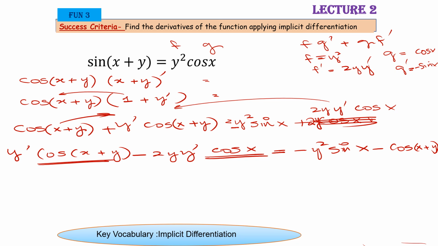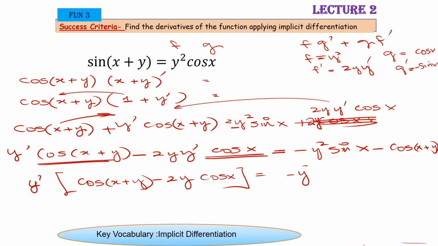Okay, now y prime, take the y prime as a common factor. What is left here? Cosine x plus y minus 2y cosine x. Now divide the whole term on the right hand side with the common factor.